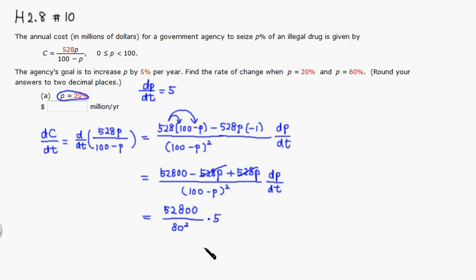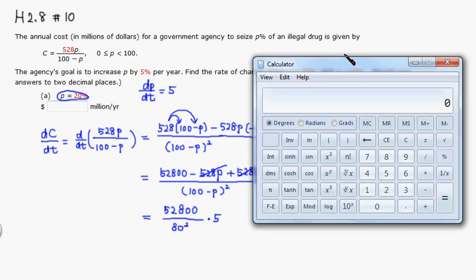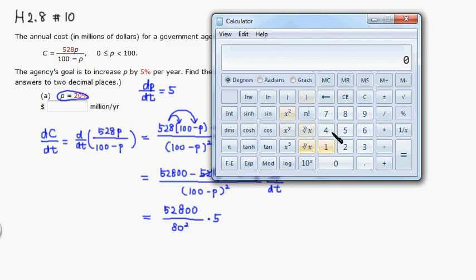Let's compute that, and I'm going to cheat a bit and bring out the calculator. You have 52,800, multiply it by 5, then divide by 80 squared, which is 8 times 8 is 64, so 6,400.